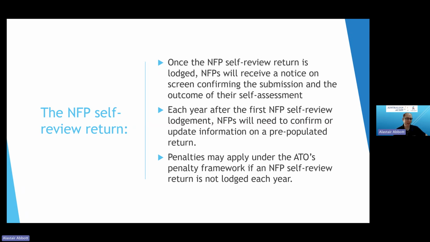The ATO has mentioned they are able to issue penalties, but they seem to be not wanting to take that pathway of penalties. And the ATO has flagged that they are expecting that as organisations fill in this return, there'll be a large group that realise that what they've been doing for the last years might not have been 100% correct.